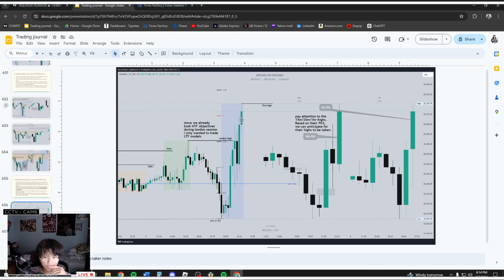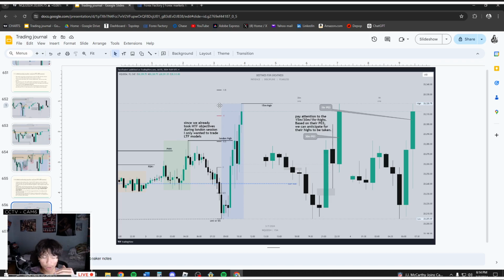The very next trade this week was actually on a Wednesday. This trade is based off of the 30-minute high, the 1-hour high, and the 15-minute high. So on all 3 time frames we have the same objective, which is the second aspect of my time frame alignment concept.